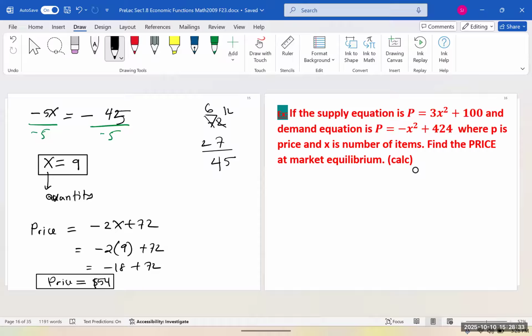Okay, supply is this, demand is this. So what do we do? Volunteer. Set them equal to one another. So 3x squared plus 100 equals negative x squared plus 424. Sayom, you look so bored. Help me one.